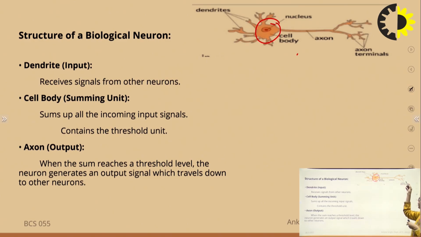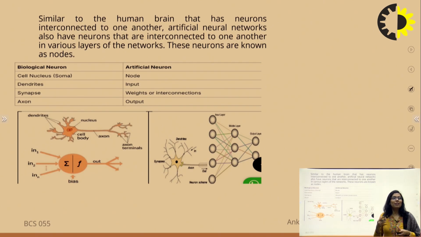These axon terminals transmit the output to the next neurons. So basically our body consists of a network of neurons in which each neuron is receiving input from other neurons through the dendrites and it is giving the output through axon terminals to other neurons or to your effectors.